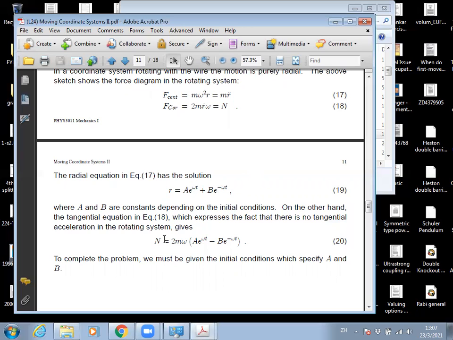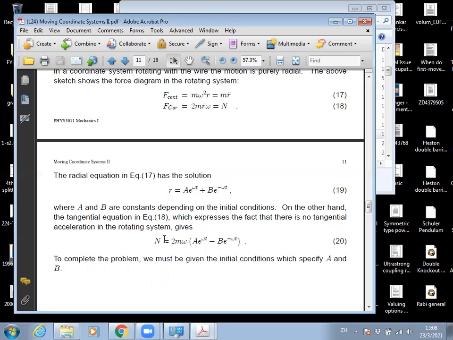Now, this is your task. Can you go home and try to work out this problem in the left frame? Okay, in an inertial frame. What will happen?